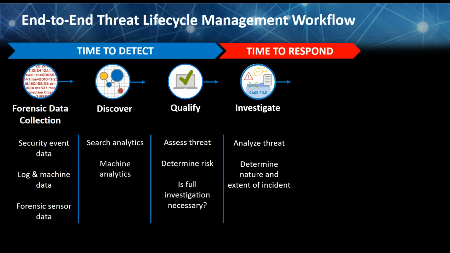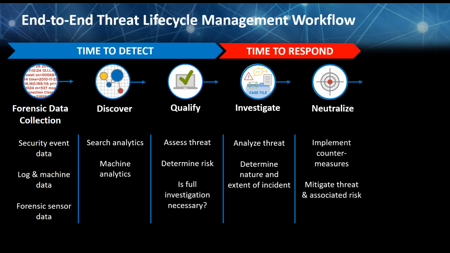Once we've fully investigated that, or sometimes qualification allows us to skip the investigation phase and move right on to neutralize, right? We're going to want to implement countermeasures. In the case of Palo Alto, add a suspicious IP address to a block list, or look for a particular hash within our environment or something.